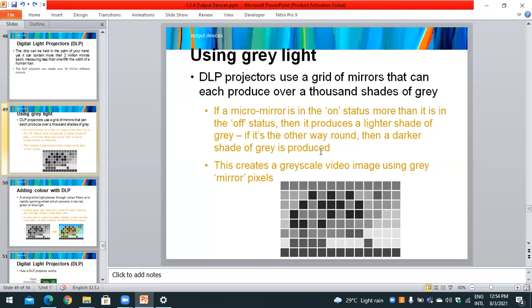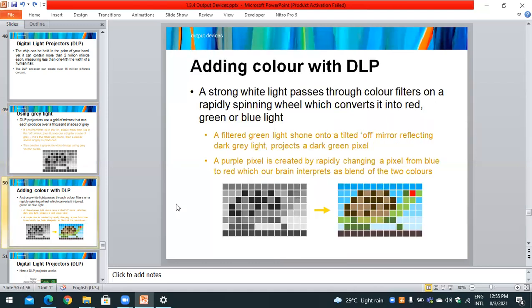So the more the tilt increases and moves away from the light, the darker the shade that gets produced. Definitely, a very simple thing. So this creates a gray video image using the gray mirror pixels. Okay. Now the problem is how the gray area that it produces comes in color.